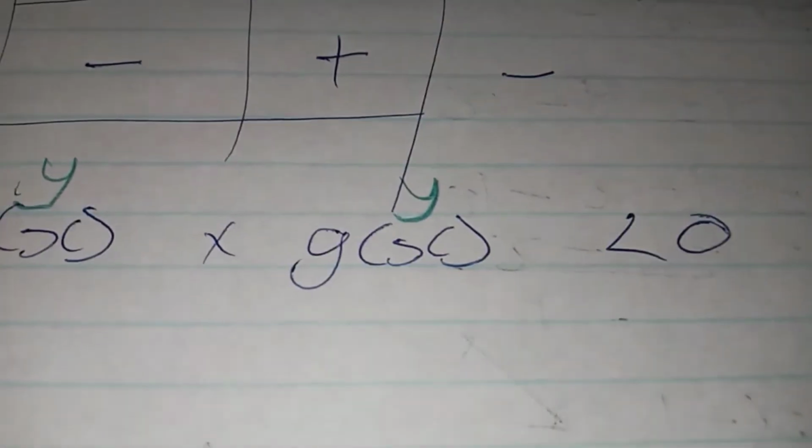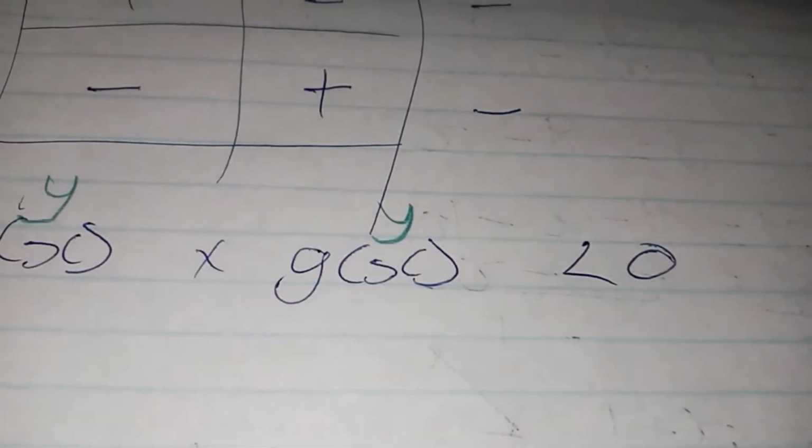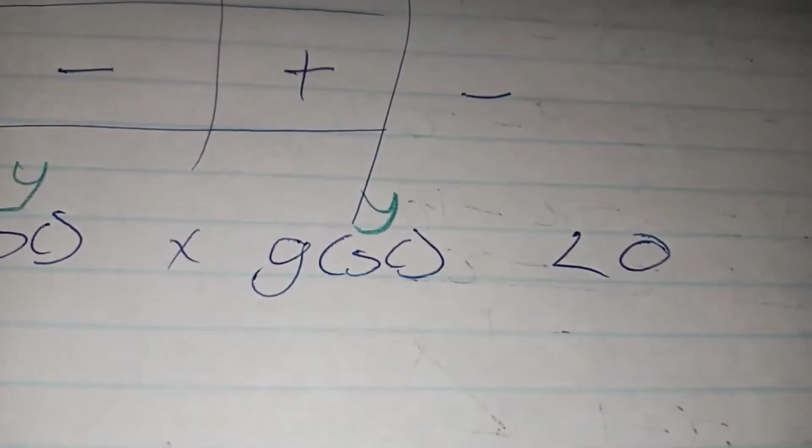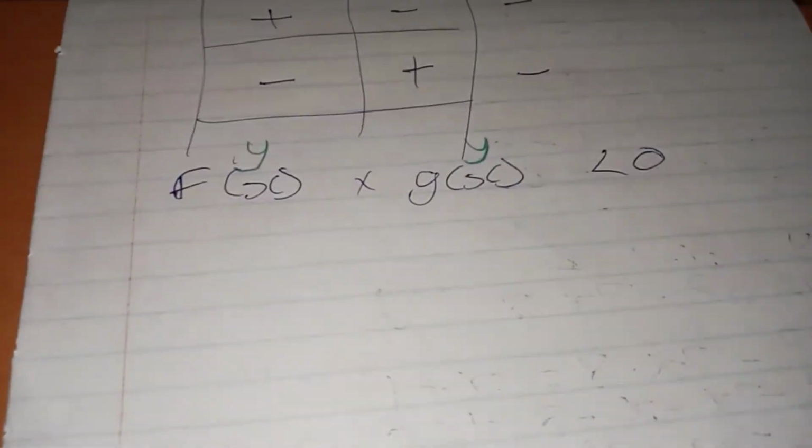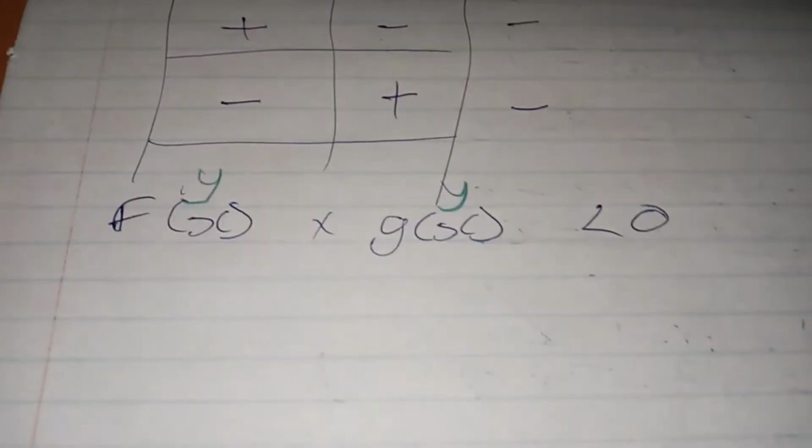I will say this again. A function is made up of y values. Yes, a point has 2 coordinates, which is the x and y, but a function is made up of y values. That's why the equations are given as y equals, or f of x equals, or g of x equals, right?